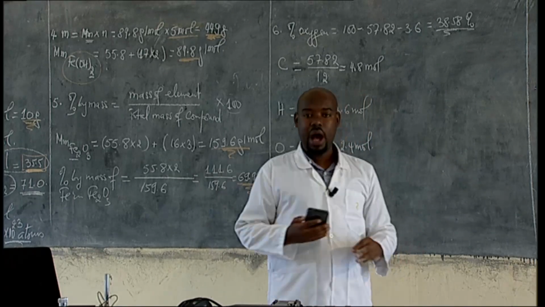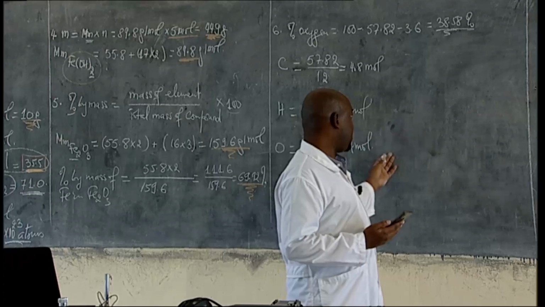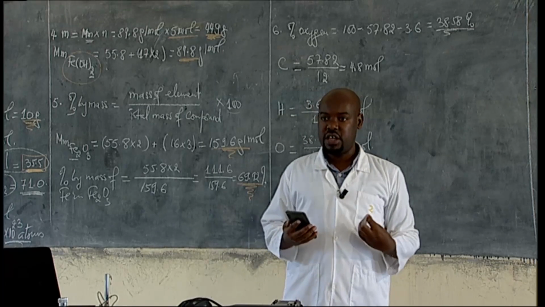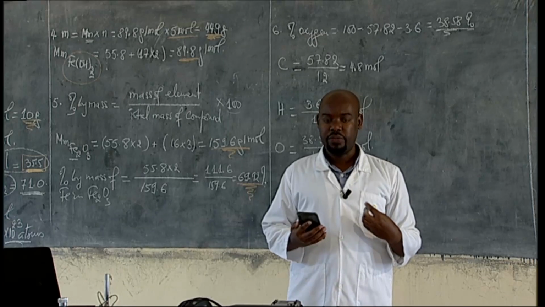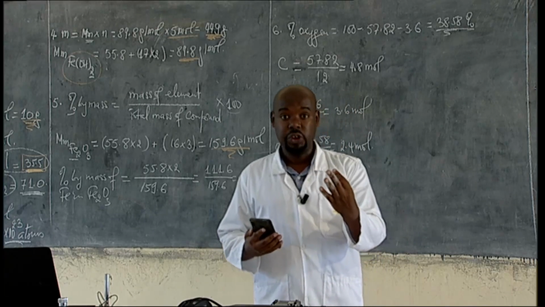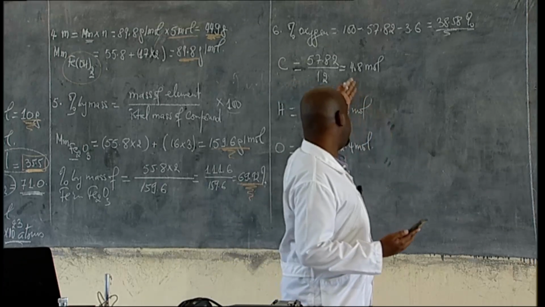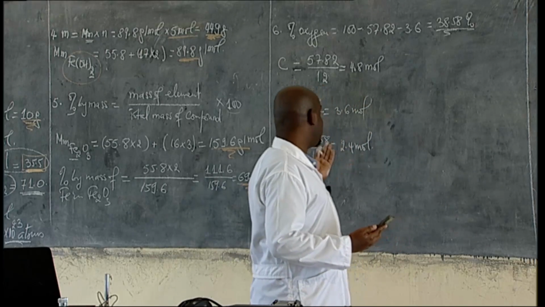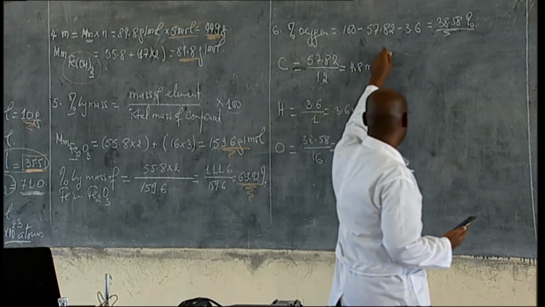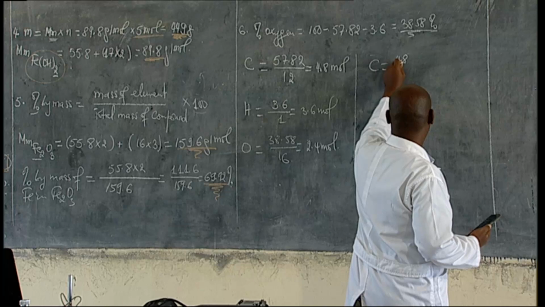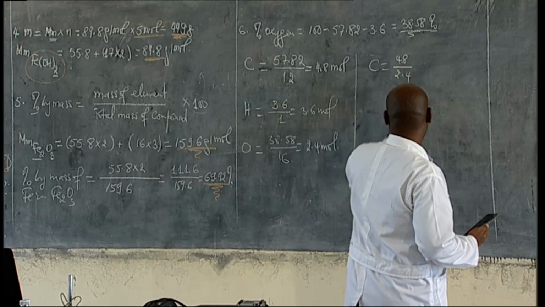Do you remember how from this step we can determine the empirical formula? Because there it is said we find the empirical formula. Yeah, I'm very sure you do remember. We divide each of the number of moles by this smaller one. And if we divide for carbon, we get 4.8 over 2.4.